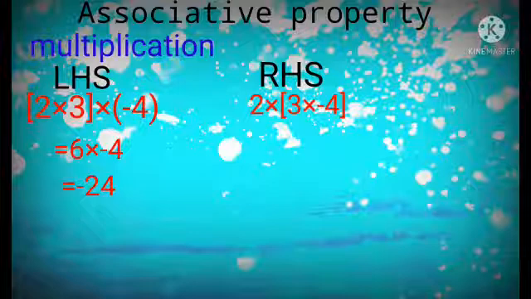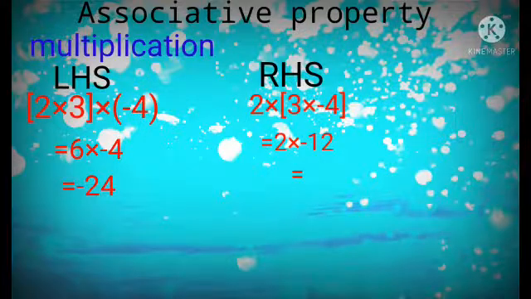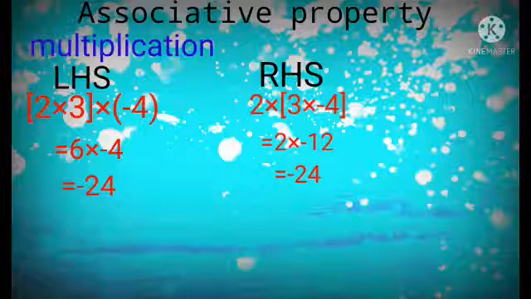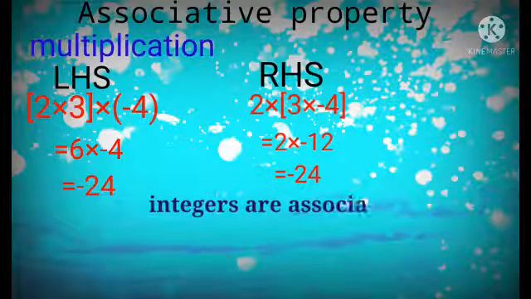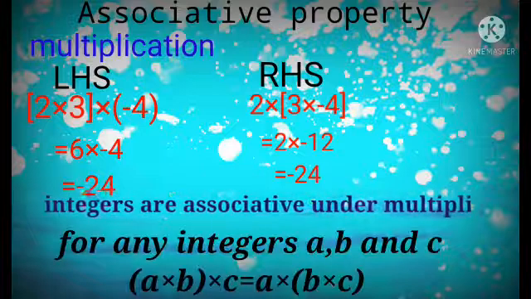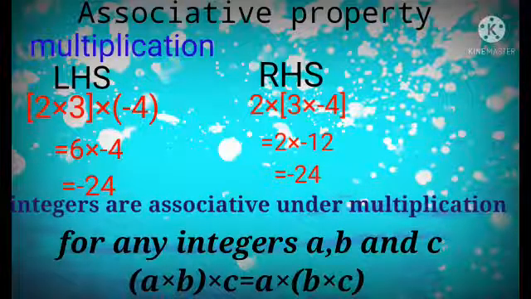On the RH side 3 into minus 4, you will get minus 12. Minus 12 into 2, you will get minus 24. See here, on the LH side and RH side, you will get the same integer, minus 24, minus 24. So you can say that integers are associative under multiplication. For any integers a, b and c, (a into b) into c equals a into (b into c).